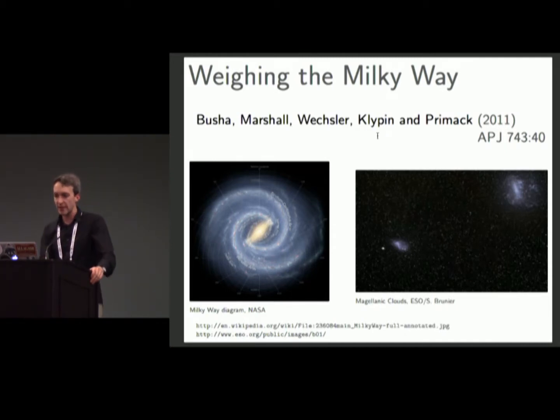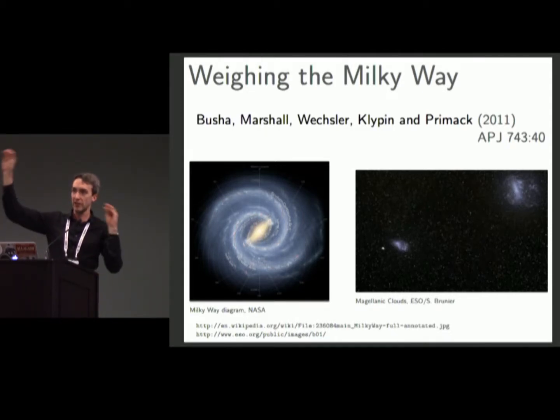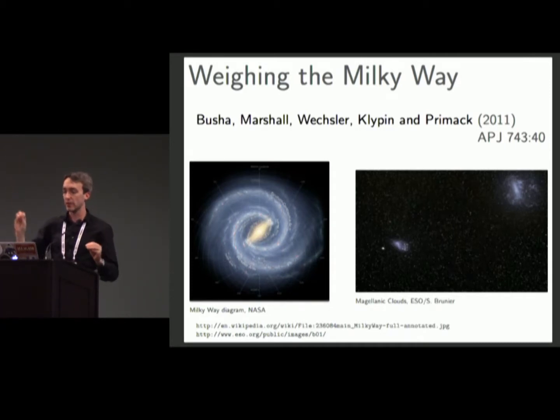There's a galaxy we live in, and there are these small puffy clouds, Magellanic Clouds, which are orbiting around the Milky Way. And they had this paper where they said, if you observe the positions and velocities of the Magellanic Clouds, these things that are orbiting around us, you can use those observations to infer the mass of the Milky Way, which is probably dominated by dark matter that we can't see.